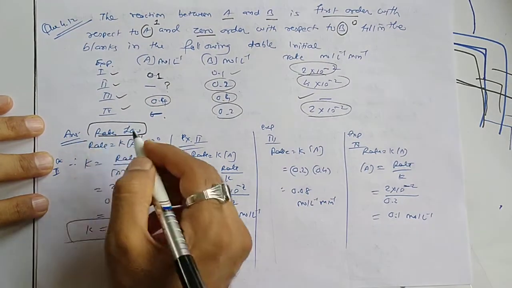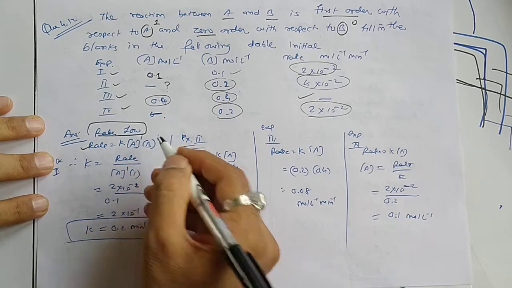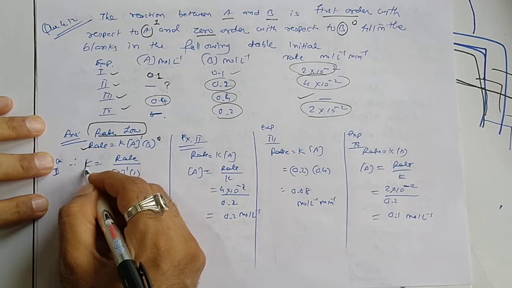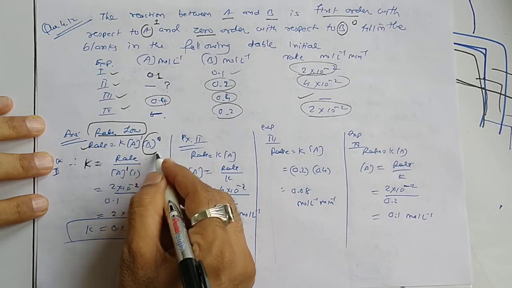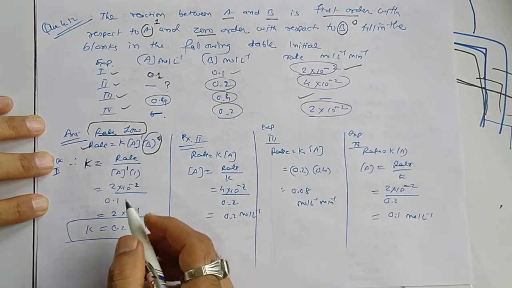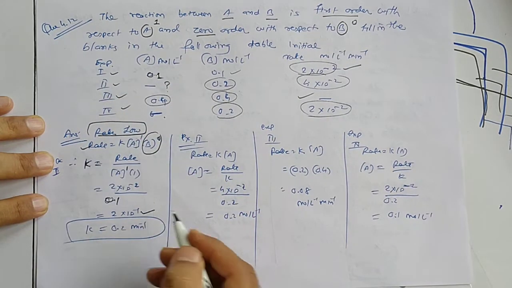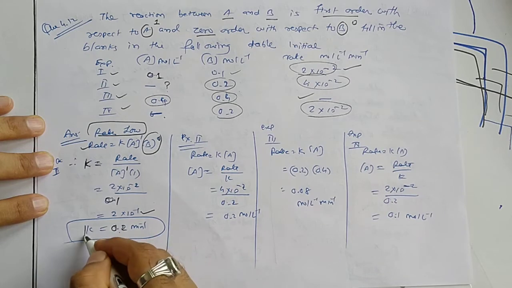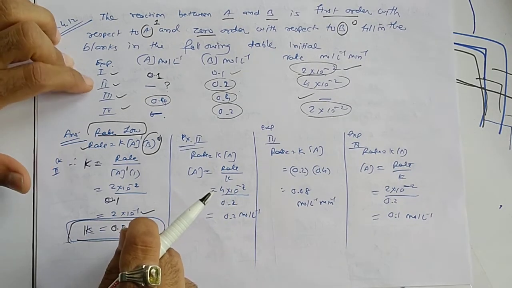So the rate law is rate equals k[A]^1[B]^0. So k will be rate upon [A]^1, and raised to 0 means 1. So 2 × 10^-2 upon 0.1, so 2 × 10^-1. So k is 0.2. This k is useful in the second equation.